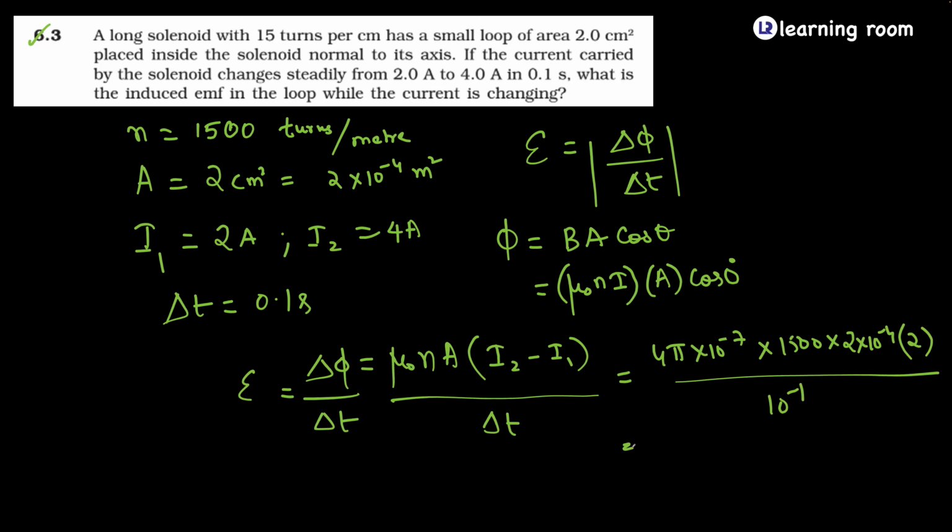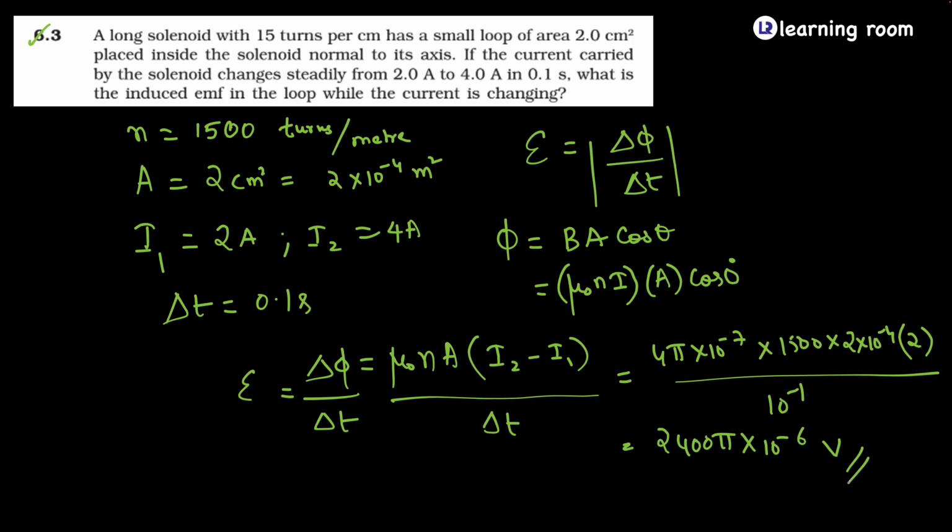So if you take this to the numerator, what are you going to get? 2 into 2 is 4. 4 into 1500 is 6000. 6000 into 4 is going to be 24000. So 2400 pi into 10 power minus 7 into 10 power 1.